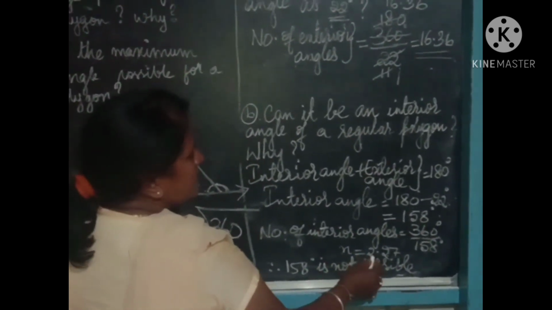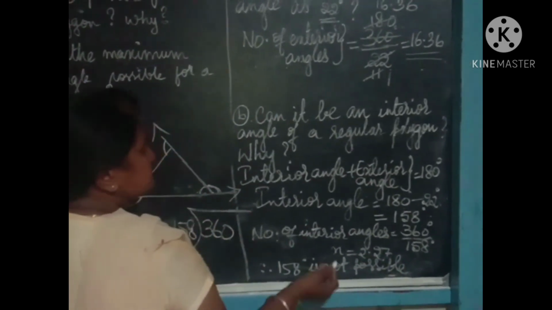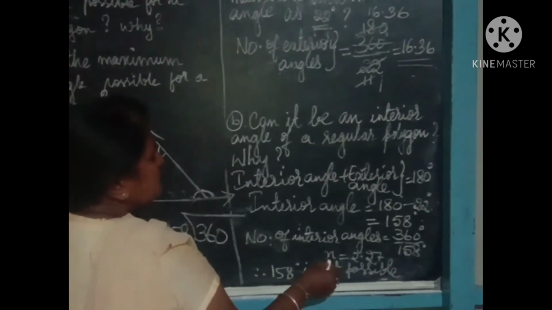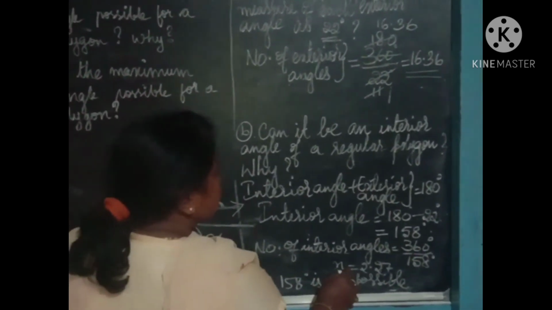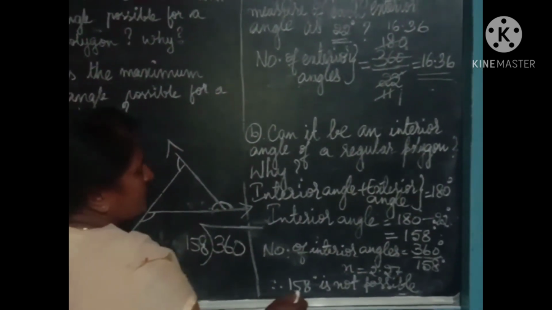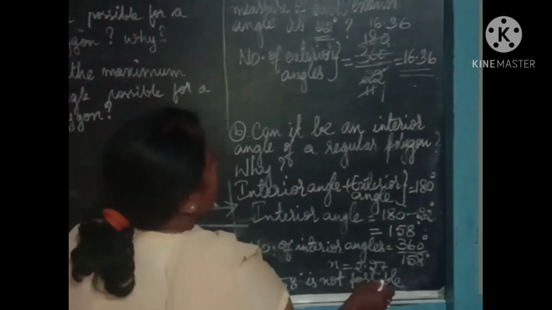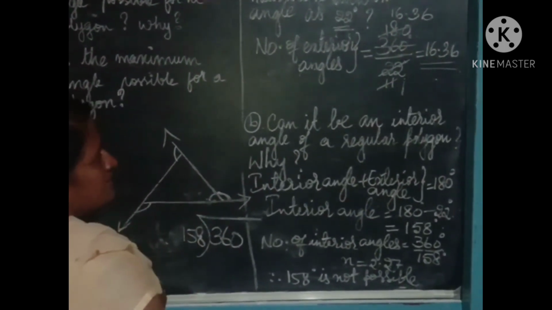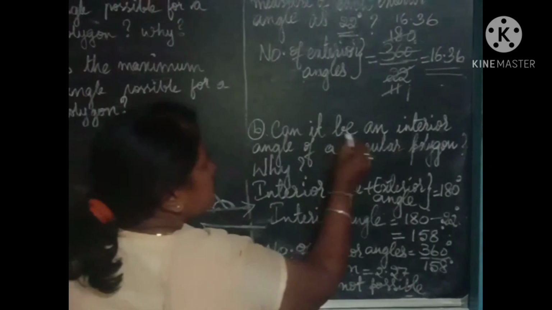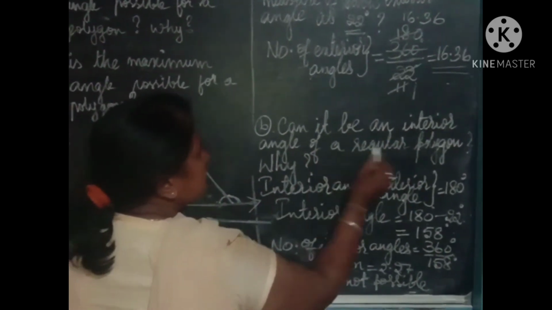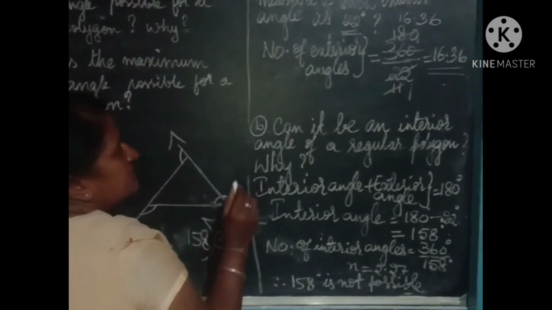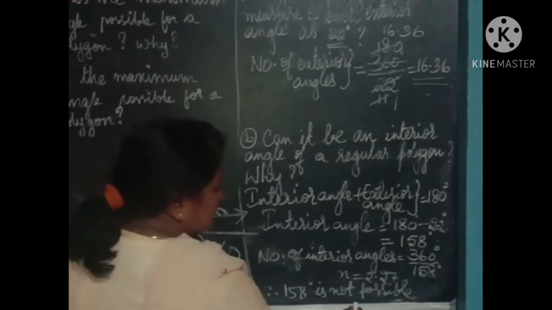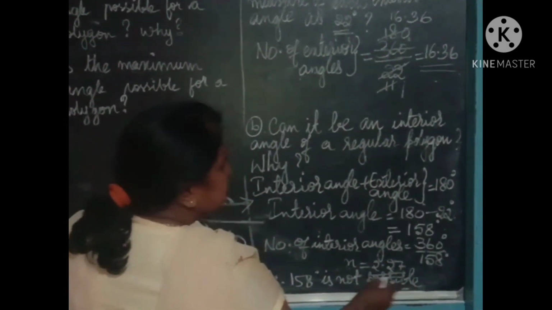We have got 2.27. Is that true? n is always a whole number, a natural number. Therefore, 158 is not possible. Can it be an interior angle of a regular polygon? No, it is not an interior angle of a regular polygon, since n is a decimal number.